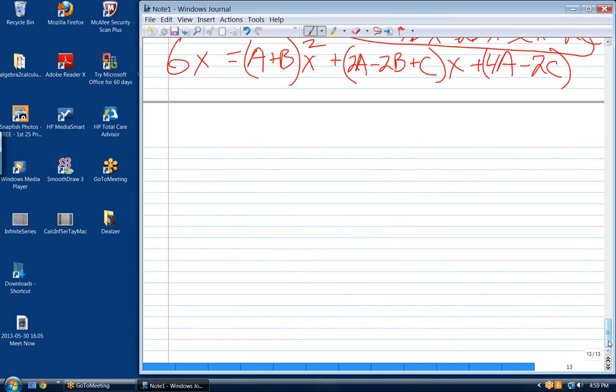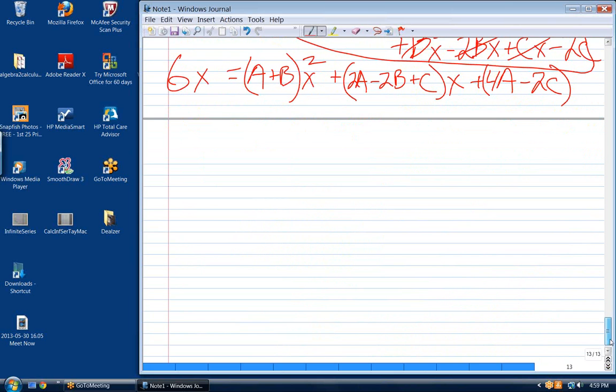So now, let's see what we can do here. If we let x equal 0, then 4a minus 2c would equal 0, right? But we already know that. In fact, instead of doing it that way, let's do this the equating coefficients way.